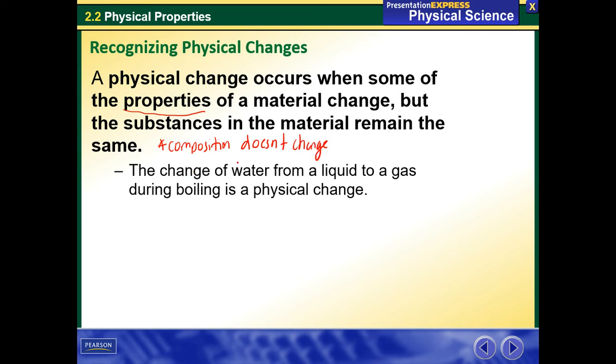For example, water is a liquid, and if I were to turn it into a gas, notice the state of matter changed, but this is considered a physical change because water as a liquid is H2O, and water as a gas is still H2O. This is physical.